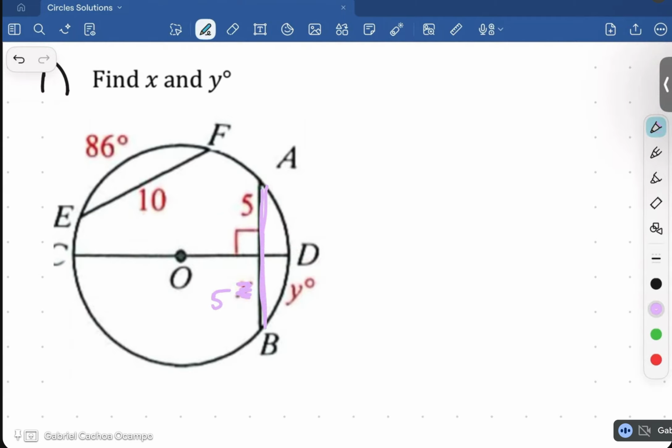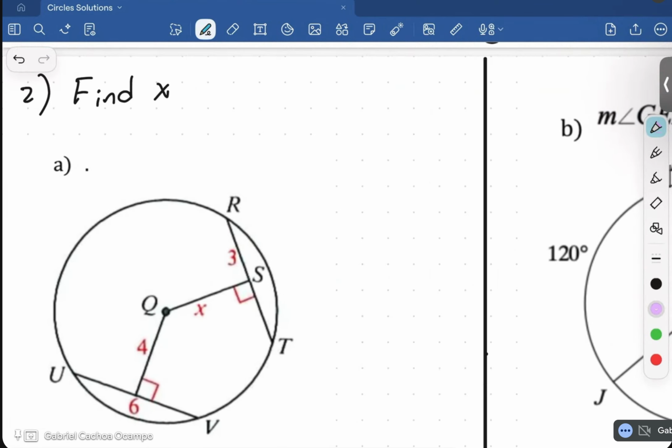This chord measures 10. And this chord measures 10. So what can you tell me about these two angles? Well, these two angles have to be the same, no? And now, if I am just grabbing half of that angle, that means that y is 43. Okay.